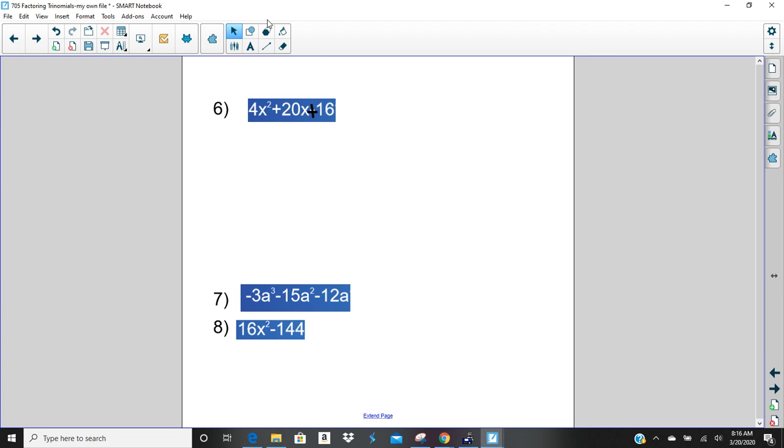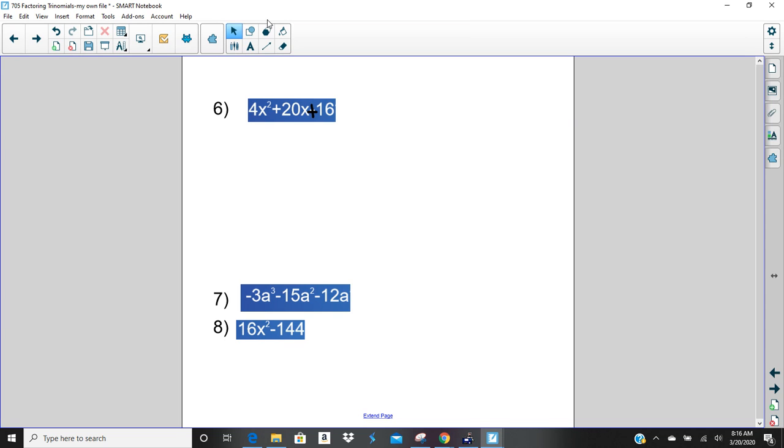So the first thing we have to do, always, always, always, with all factoring, is confirm that all the greatest common factors have been pulled out. We look at 4x squared plus 20x plus 16, and I can see that it does not have a GCF pulled out of it yet. There is a GCF, and you guys know it is the number 4.